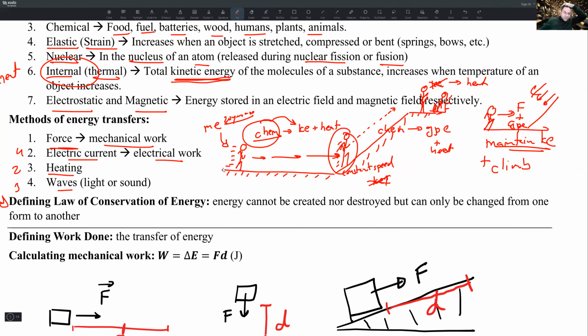So that's why it's harder to run up. You say, sure I'm not running faster, but to maintain my speed and stay at the same speed, what do I have to do? More energy, because I have to make up for the air resistance and the gravitational potential energy. So that's why it's harder.